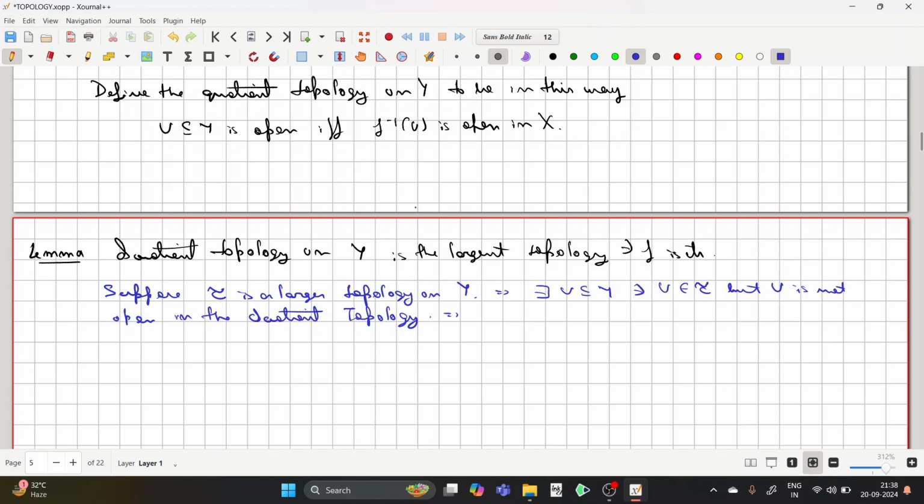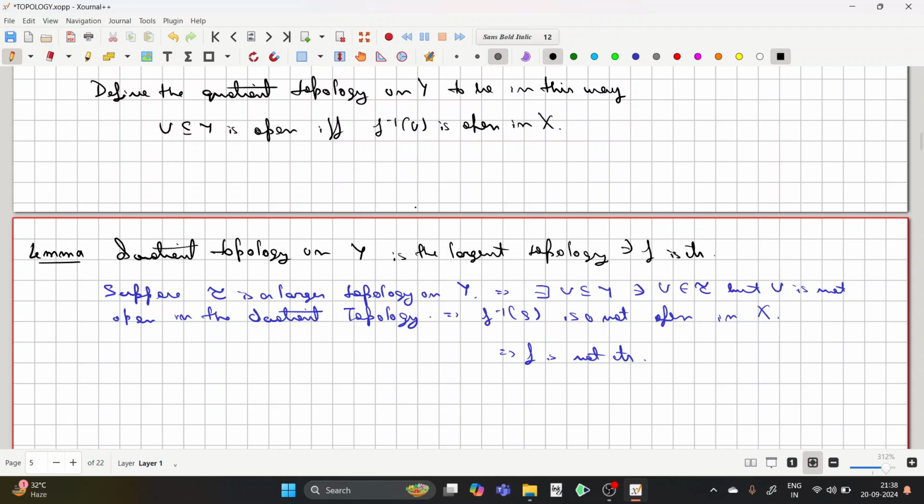But this will specifically imply that f inverse of U is not open in X, right. But this will eventually imply that f is not continuous, because we know that the definition of continuity follows from the fact that if I start with an open set in the codomain, the inverse image must be open in the domain, right. Therefore, this quotient topology has to be the largest topology, the finest topology, right. And in fact, checking this to be a topology is quite easy to do.